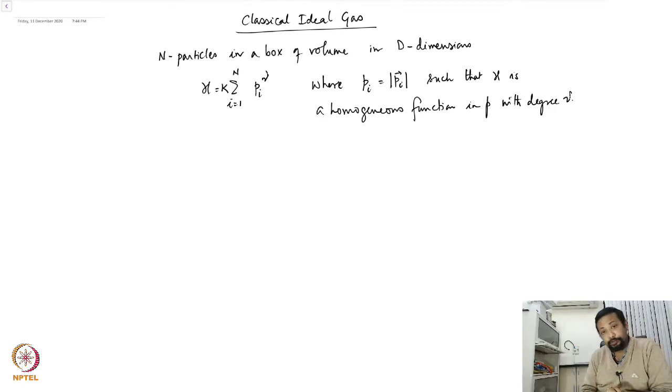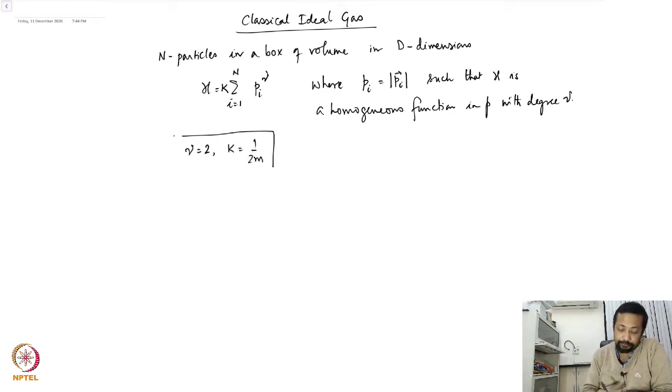So given this Hamiltonian, two cases are of particular interest for us. One is nu equal to 2 and kappa equal to 1 over twice m. In that case, the Hamiltonian becomes p_i squared over twice m, which is a non-relativistic ideal gas.